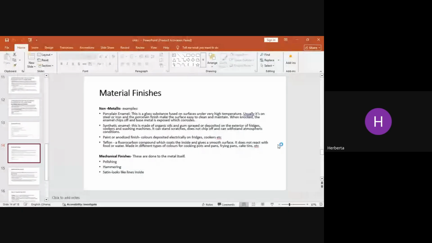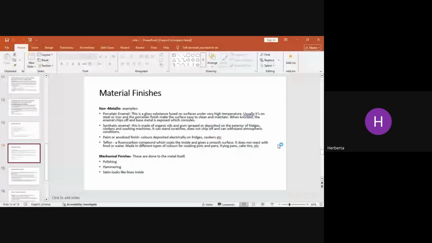That is non-metallic, porcelain enamel. These are fused on surfaces under very high temperature. So they use it as a cover for the saucepan, a protector around the original metal used for the item. Then we also have the synthetic enamel.